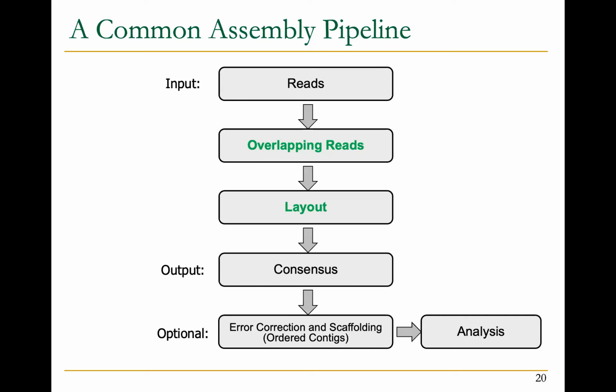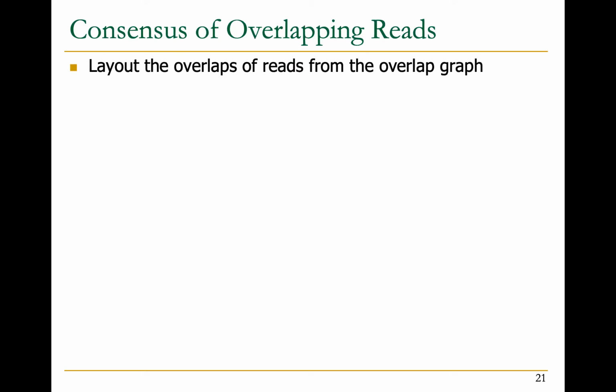All right, so then how do we actually generate the contigs or spell out the string from the overlap graph, which we call the consensus, which is actually the output of the genome assembly step? What we do is we lay out the overlaps of reads from the overlap graph because we know the ordering of them, we know the edges, we know the connection between them, right?